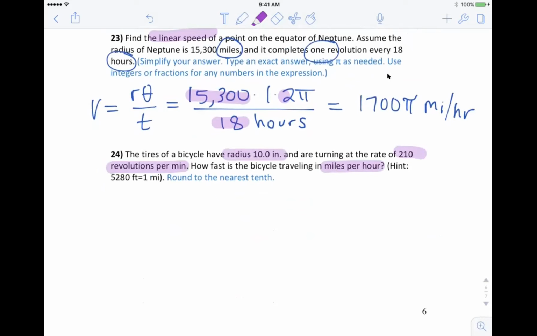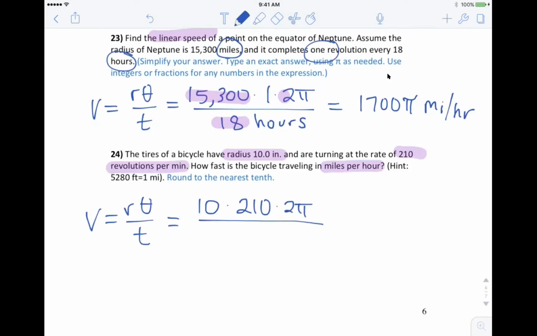And this one wants miles per hour. Okay, so we'll get to that, but let's just start off with our formula. V equals r theta over t. The r is 10. Let's see, 210 revolutions per minute. That's 210 2 pi's. That's the theta.